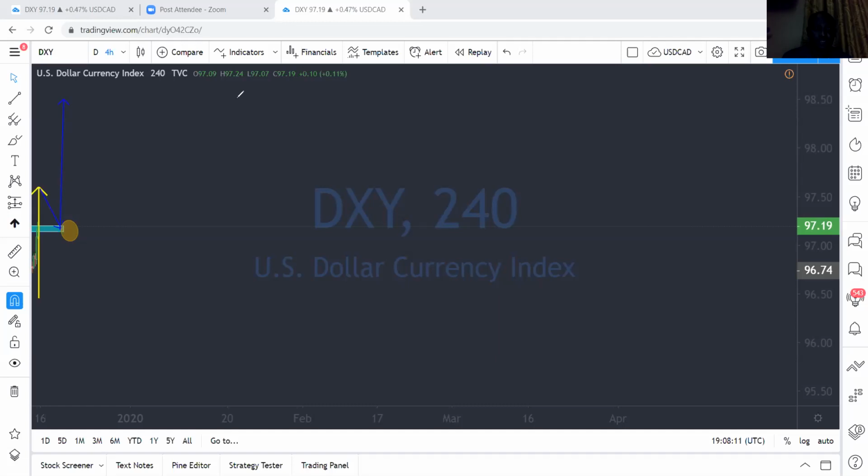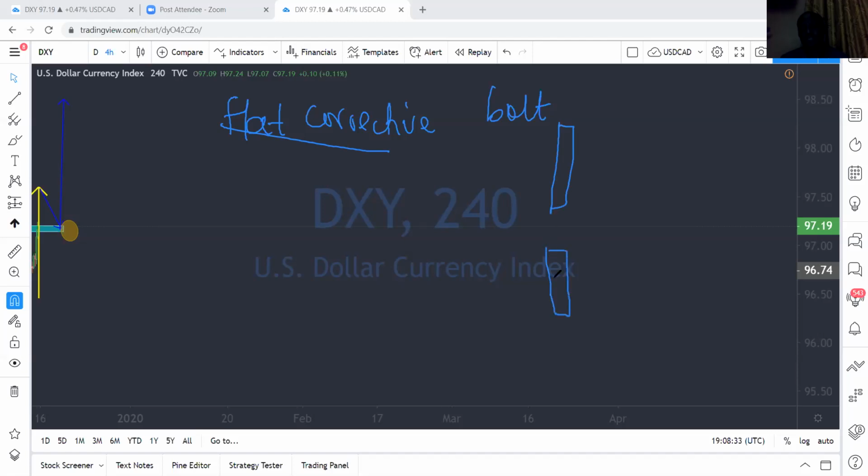Yesterday we looked at flat corrective structure. And I said in the lesson that corrective structure is more or less like a bolt holding two irons together.